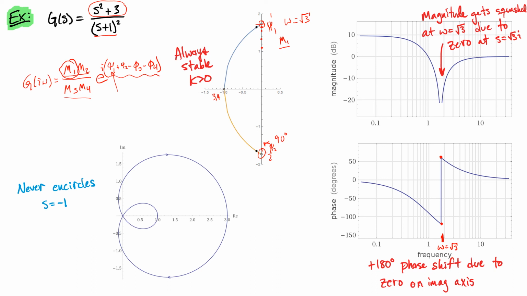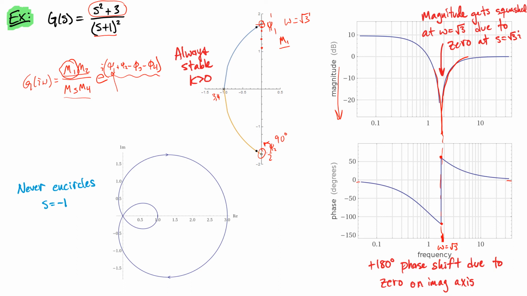And so that's the reason why this magnitude goes off to 0. So this magnitude is getting smaller and smaller in this direction. That's why we get this spike in the downward direction at the same point, omega is equal to square root of 3. Similar arguments could be made for evaluating the fact this starts at 0 and this ends at 0 and so on. And so I leave that to you to work out those details.